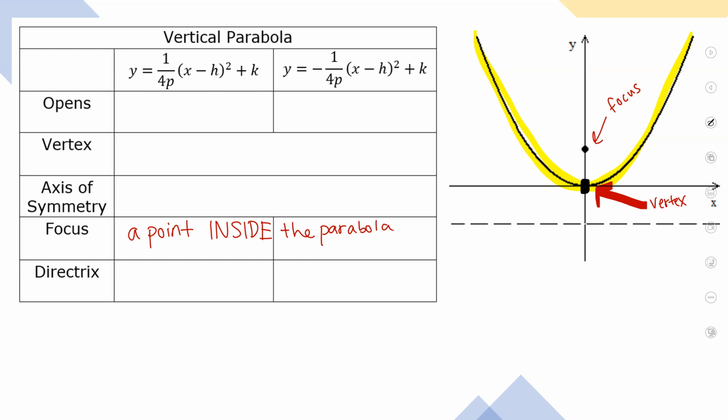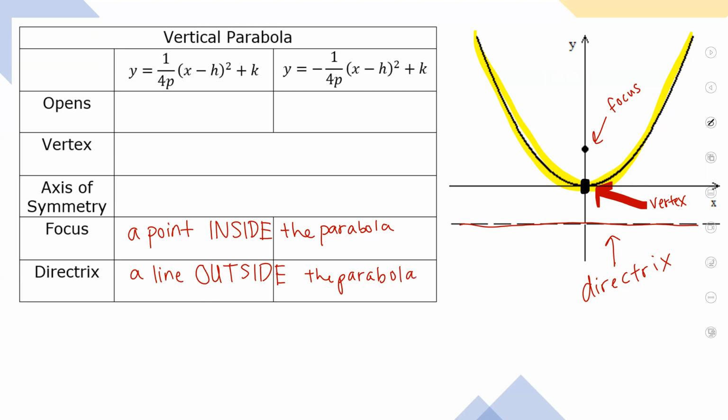Okay, and let's go ahead and label the rest of this picture. This line right here, this is called the directrix. And the directrix is a line outside of the parabola. So let's write that in our notes right here. It's a line outside the parabola. That's what we need to remember today.